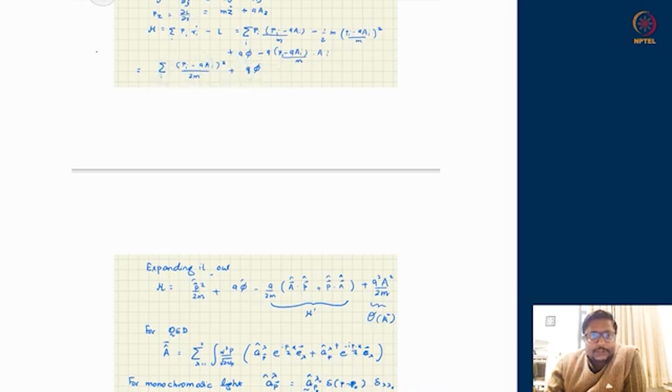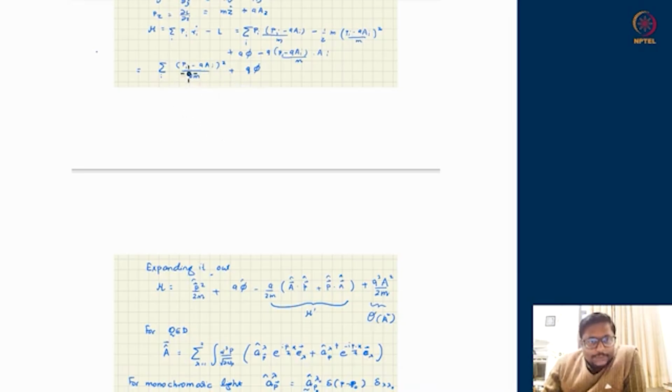The first term of the Hamiltonian is Pi minus QAi whole square upon 2m. Open it up, and you will get P square by 2m plus Q square A square by 2m, which are the two square terms, and then there is the cross term, twice Pi QAi divided by 2m, but that is the classical expression.